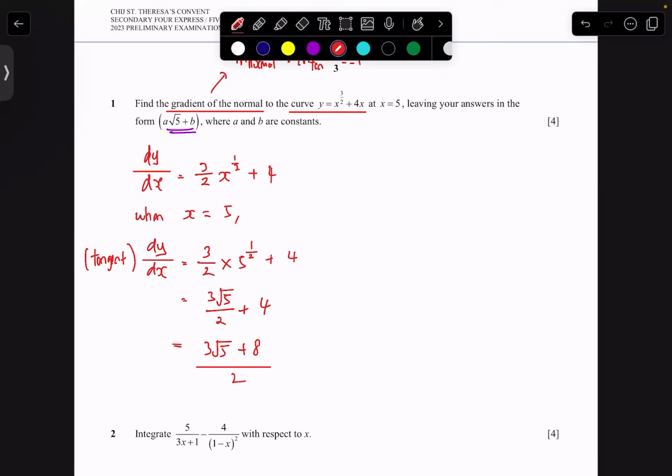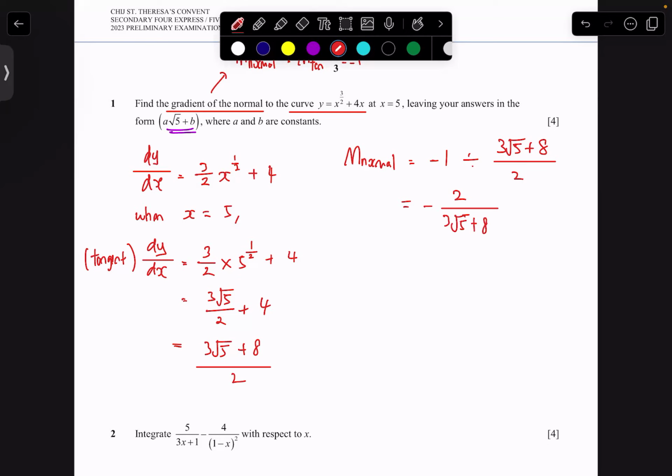So the gradient of my normal will equal -1 divided by (3 root 5 plus 8) over 2, which is just -2 over 3 root 5 plus 8. So you can see the reason why I chose to make it into a single denominator.